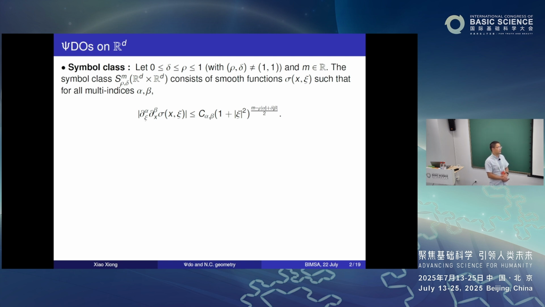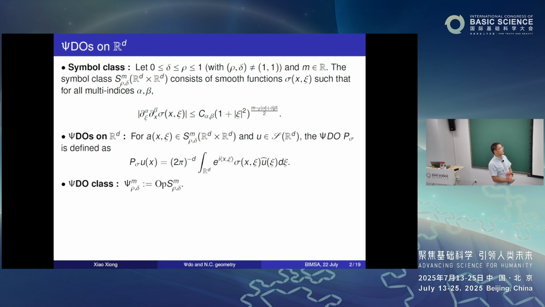Okay, let me begin with the very classical pseudo-differential operator theory. You can view it as being in the field of harmonic analysis. Symbols are smooth functions which satisfy this kind of decay relation. With this symbol, we can use the Fourier transform to define the pseudo-differential operator.